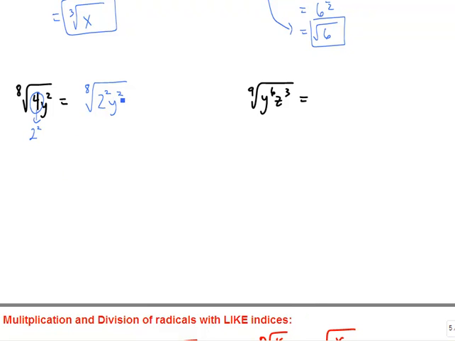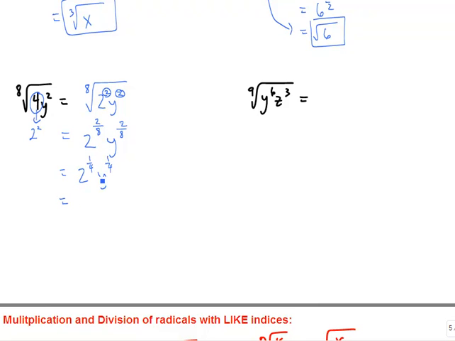I have powers on the inside and an index on the outside, so we can change this to a fractional power. 2 is the base, the index was 8, so that's your denominator, and the power of 2 on the inside goes to the numerator. Then we do the same thing for the y's. Y is the base, 8 is the denominator, and the power of 2 on the inside is your numerator. 2/8 reduces to 1/4 for both of these fractions.